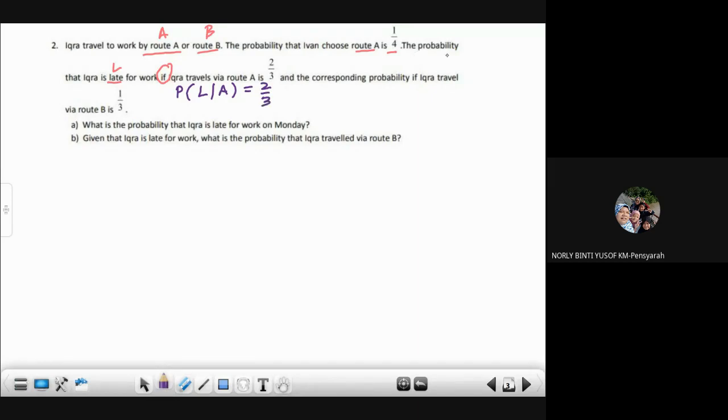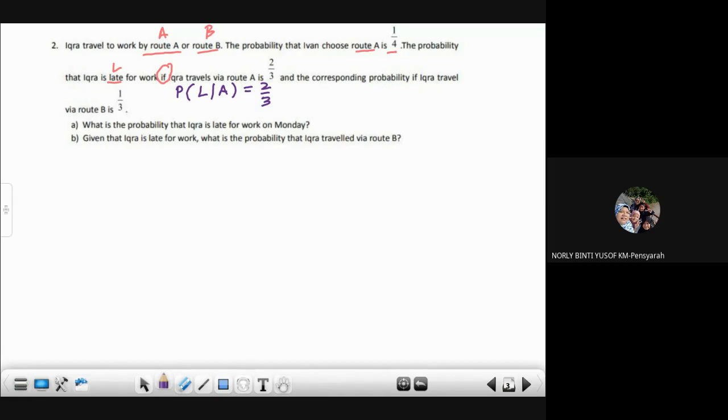The word from the probability that Ikra is late for work if Ikra travels via road A. Maksudnya dia bagi conditional probability for late given road A. So tu adalah definitions for conditional probability yang you keluarkan.